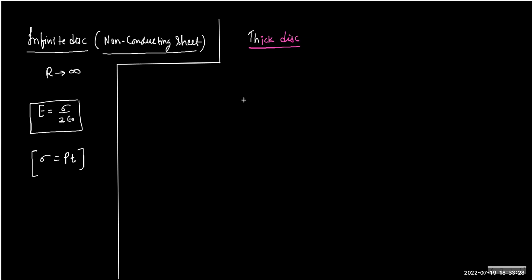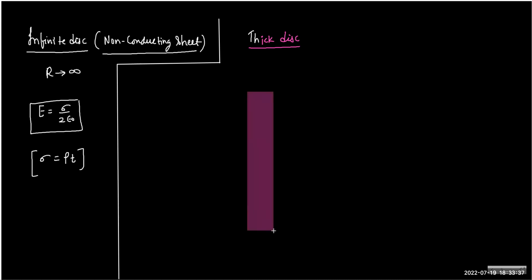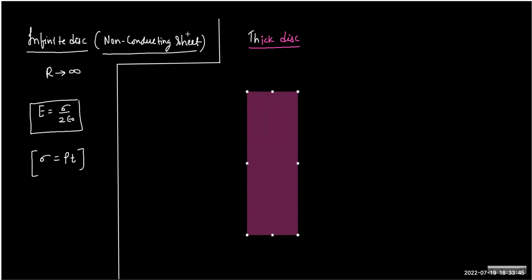Let me show you a disk only by the side. What you are looking at right now is only the thickness. So I assume this is thickness, and I'm just trying to zoom the thickness for better understanding. You may call this a side view of the disk. Okay.